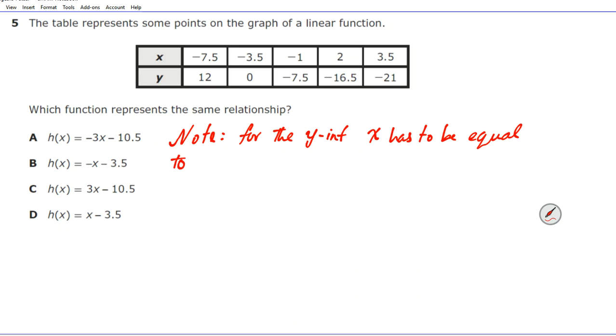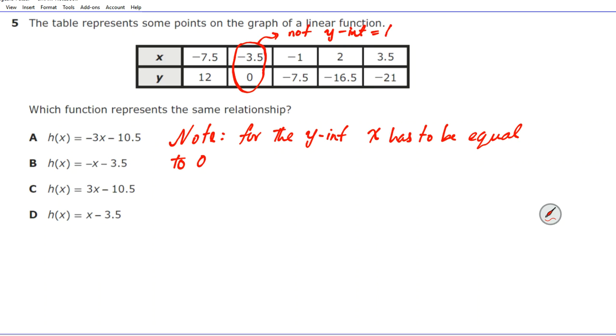Okay? So if you take a look at this ordered pair right here, is this an x-intercept scenario? The answer is no. Okay? This is not the y-intercept.